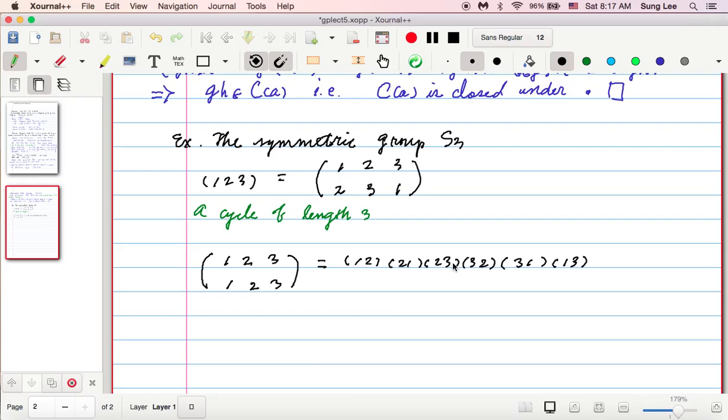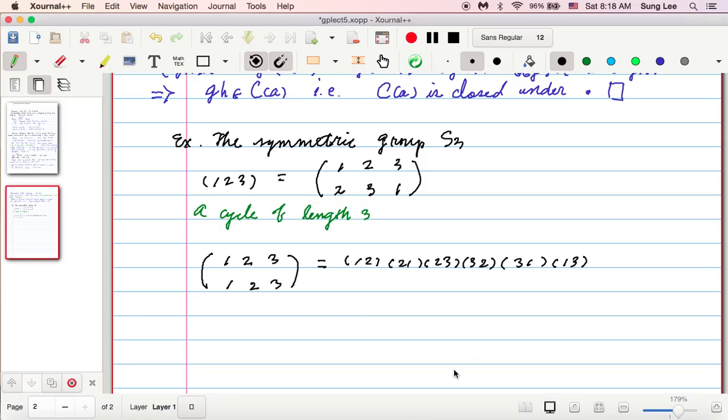And here, 2 goes to 3, 3 goes to 2, so 2 goes to 2. Okay, 1 goes to 2, 2 goes to 1, so 1 goes to 1. And here, 2 goes to 3, 3 goes to 2, so 2 goes to 2. And here 3 goes to 1, 1 goes to 3, so 3 goes to 3.